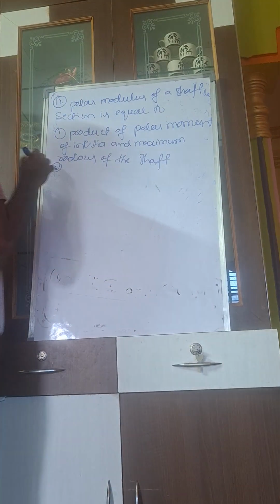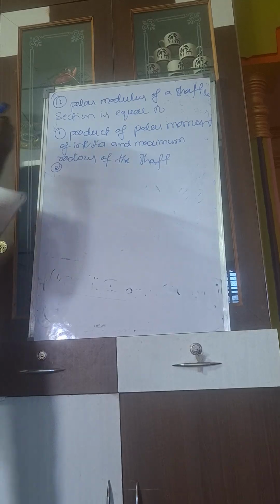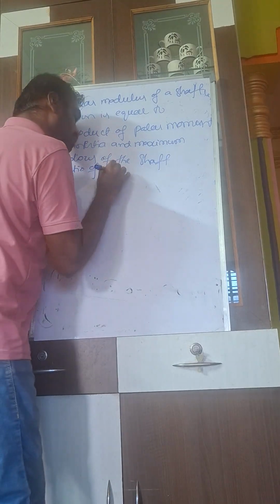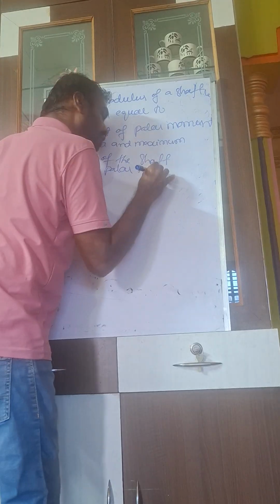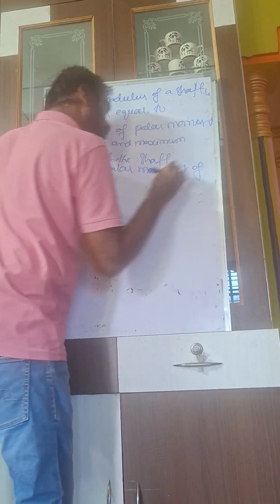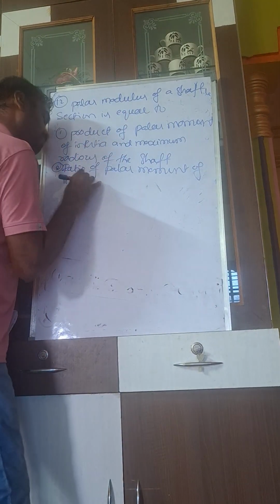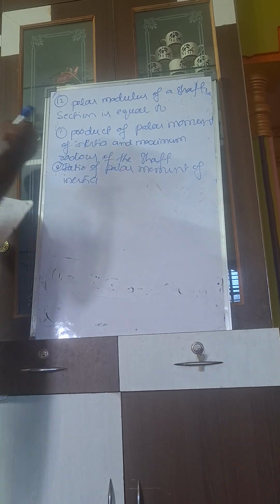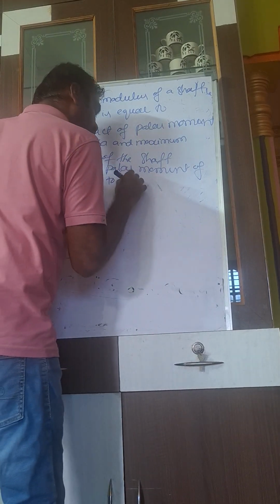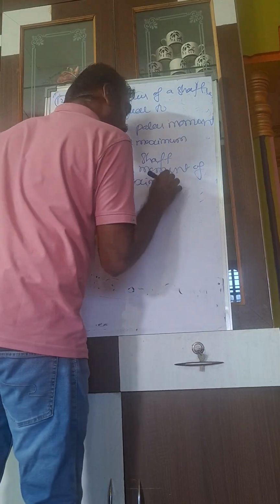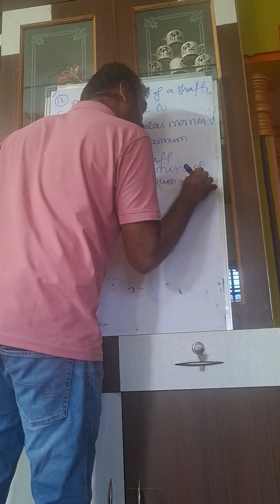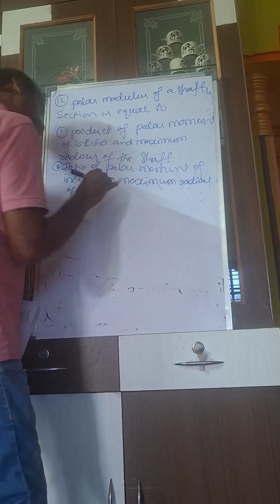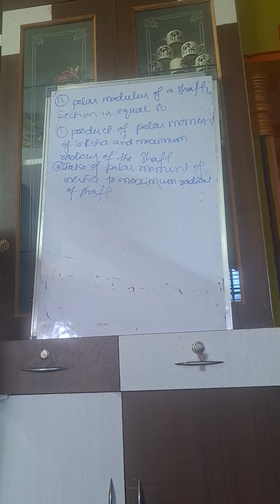The second one: ratio of polar moment of inertia to maximum radius of shaft.